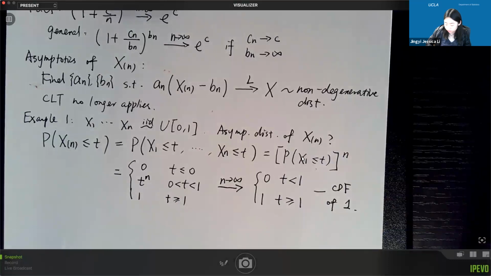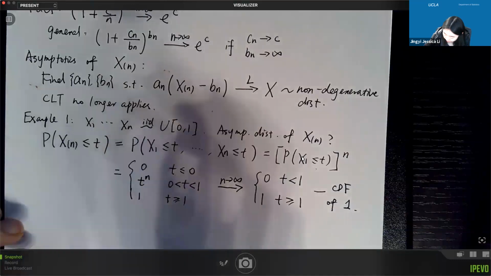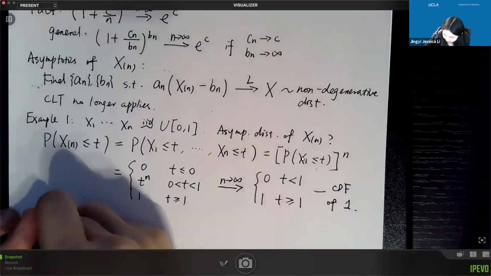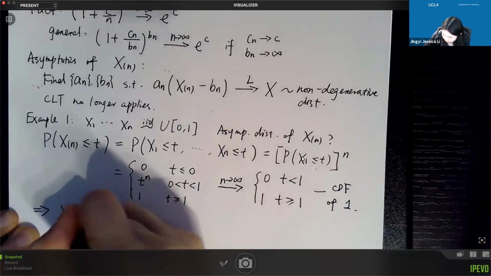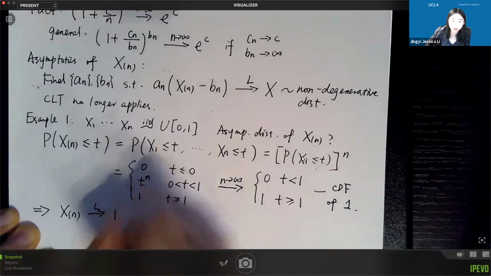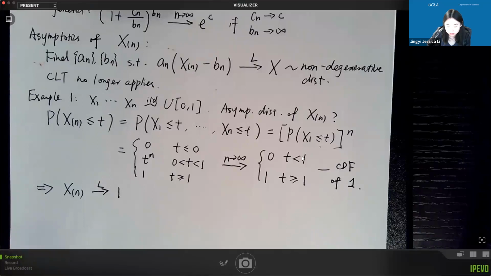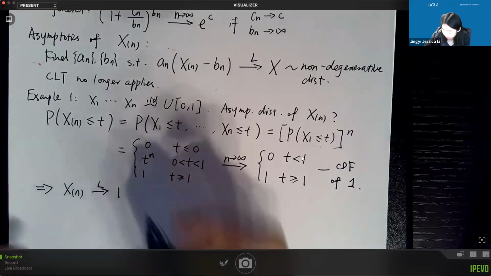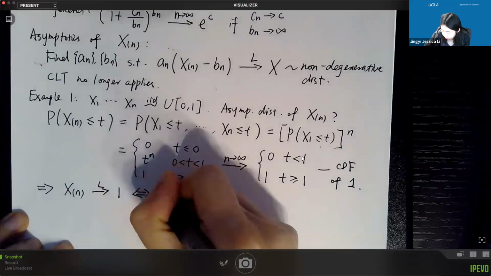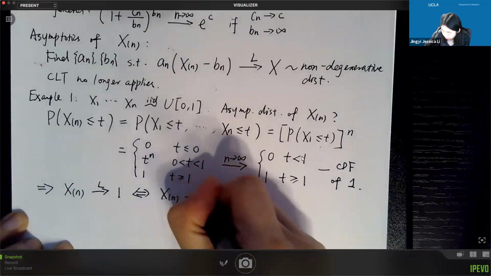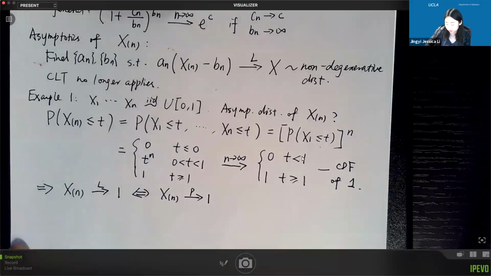So this tells me that Xn is converging in law to 1. And because we know that converging in law to a constant is equivalent to converging in probability to a constant, we have that.